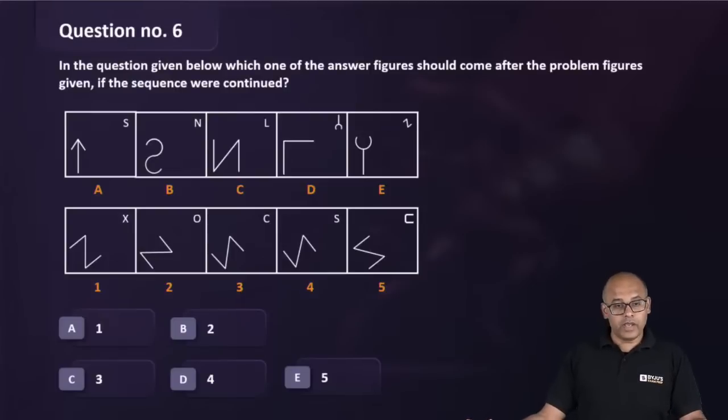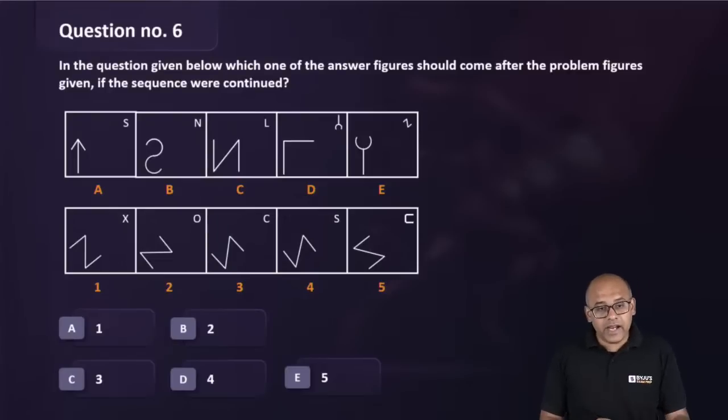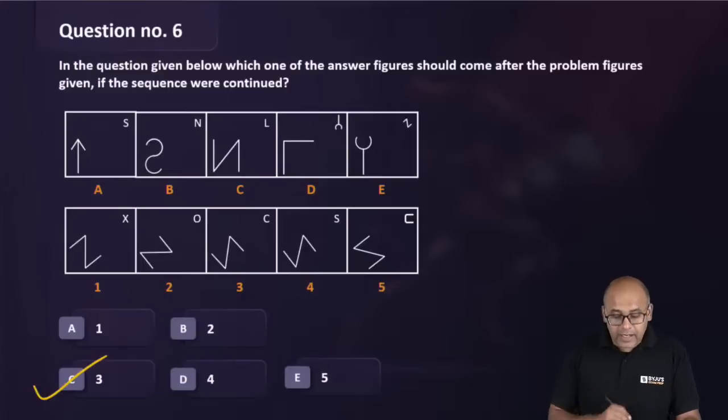Okay, I got an E, a B, a C, an E, too many answers. I'll give you 10 more seconds. Okay guys, the correct answer: Pandya and a couple of others only have given the correct answer, Pratik and one or two other students. The correct answer is option C.